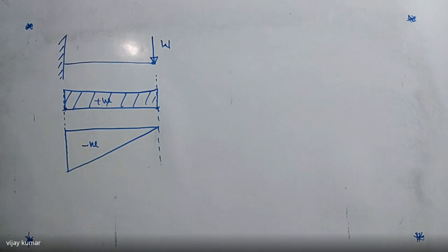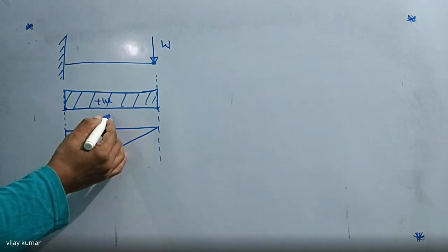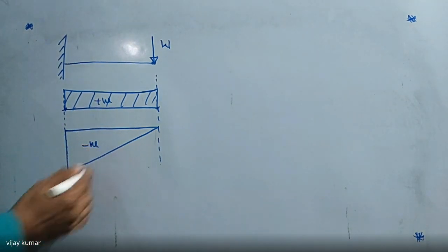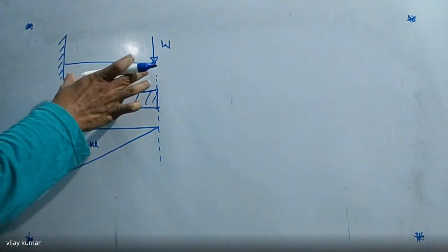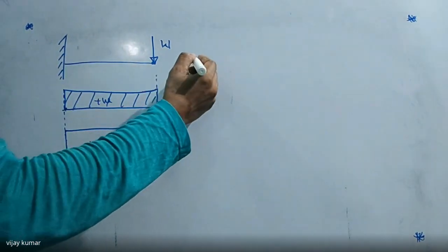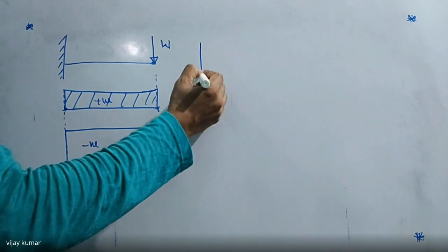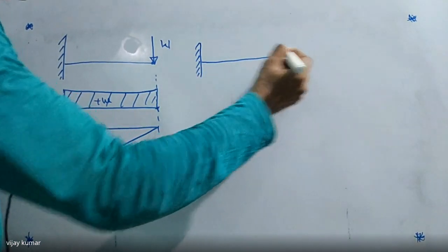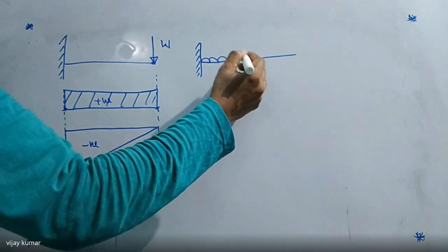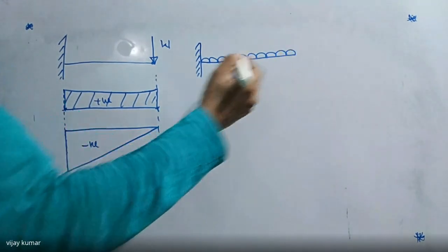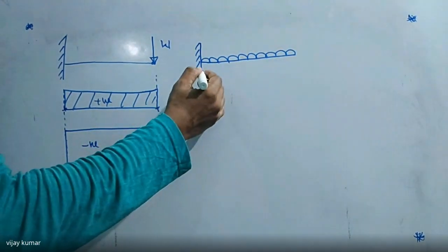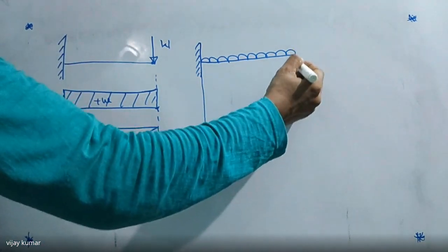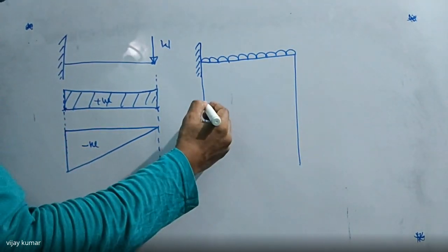Now listen carefully. This is the shear force diagram, and this one is the bending moment diagram for a cantilever beam subject to a point load. The second case is also over. When a cantilever beam is subject to a uniformly distributed load along its entire length, we get the shear force diagram like this. Observe the shear force diagram here.